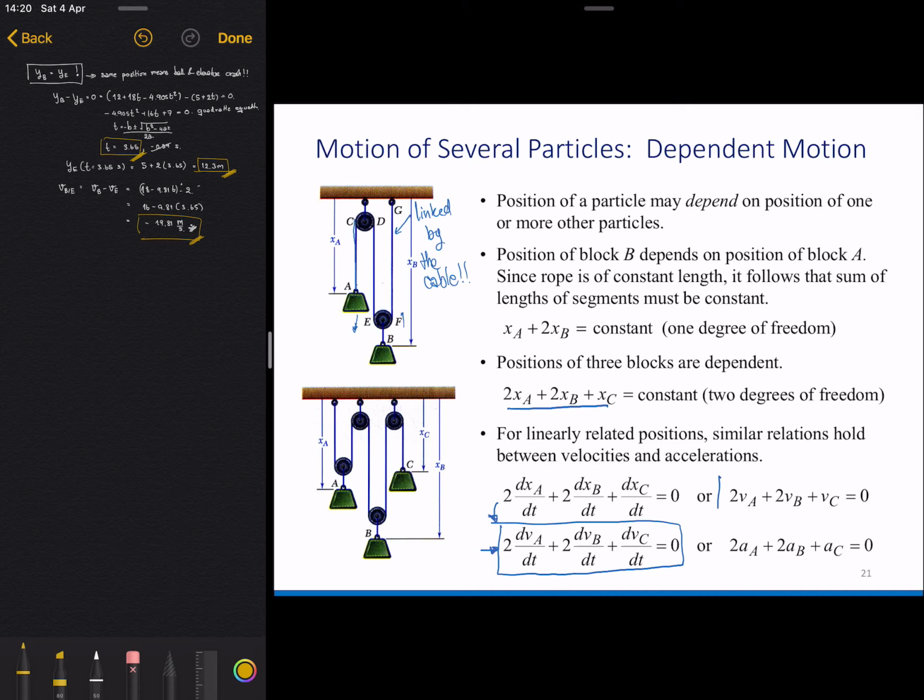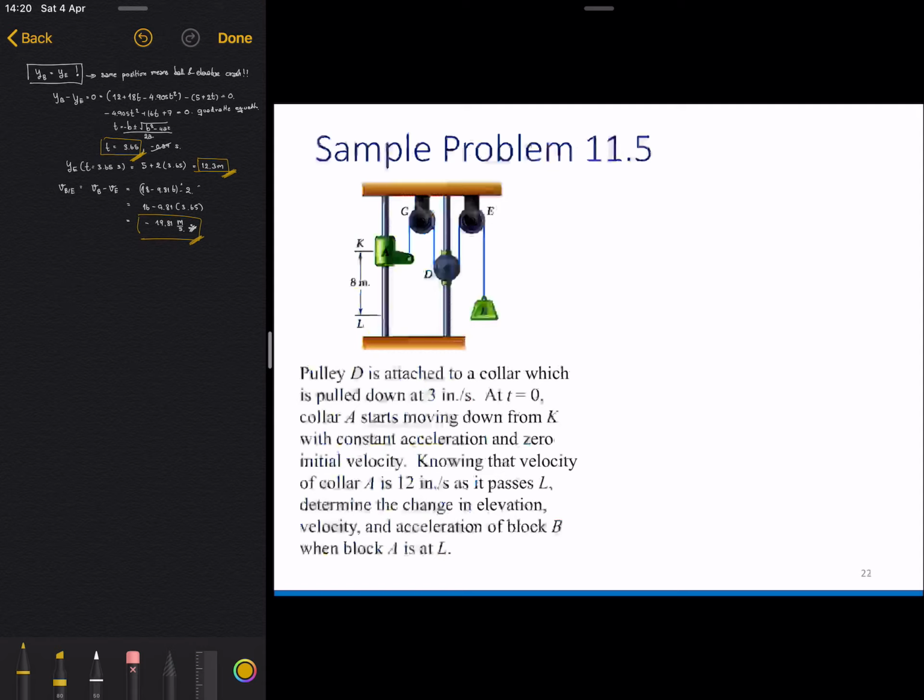Sorry, so this one is the velocities here, so you will get this velocities relationship, and then in the end you can also get the acceleration relationship between those three objects that are linked together by the cables, right?